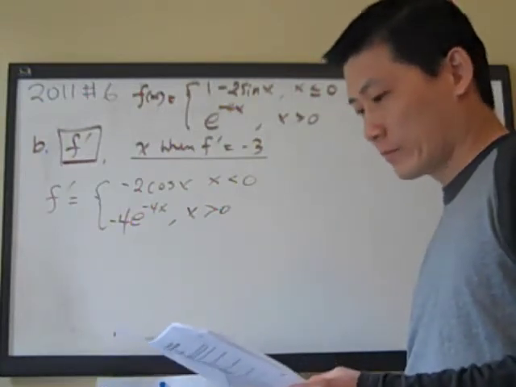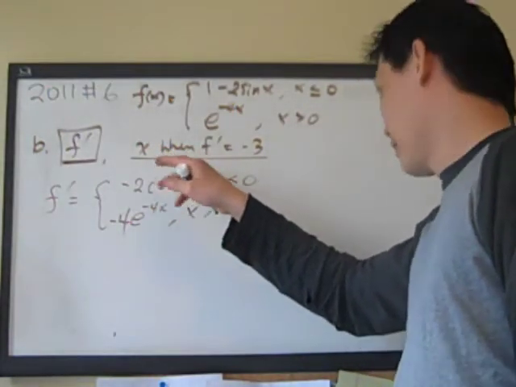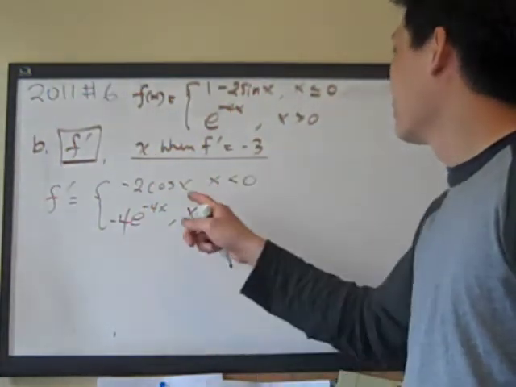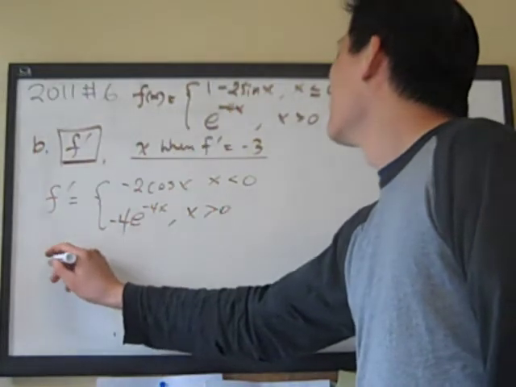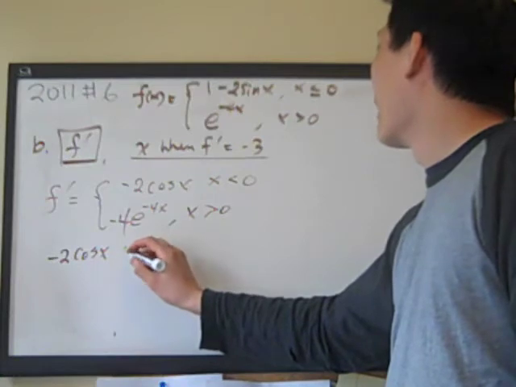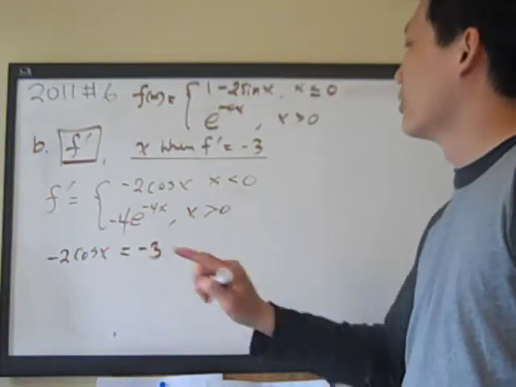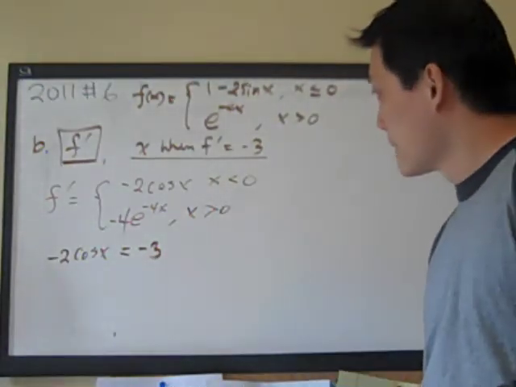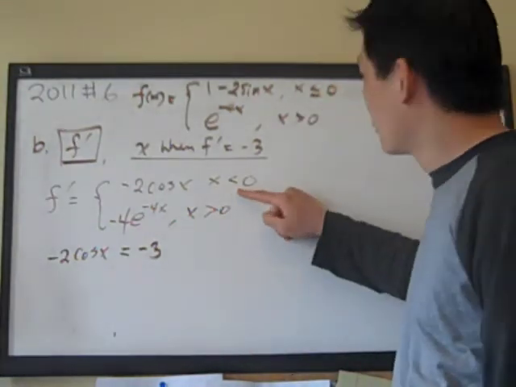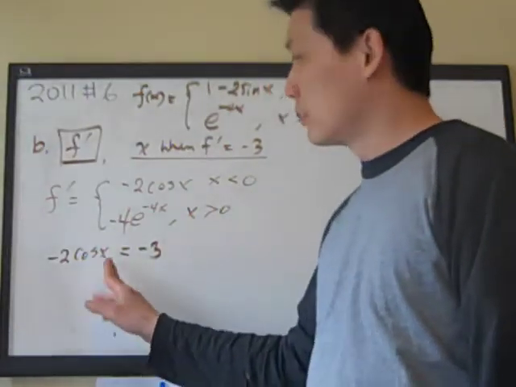Now we need to figure out the possible x values for f prime equal to -3. First, let's look at -2 cosine x. Is it possible for this to equal -3? Well, x has to be less than 0, so we're looking at the cosine graph on the negative side.